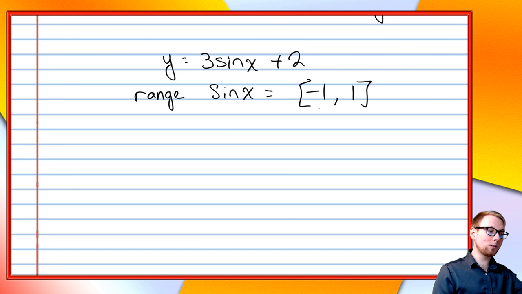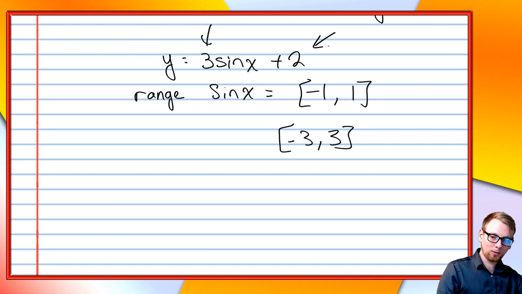Then, because of this, it goes to 3 and 3. But then you still need to add 2 because you're not done yet. You'll need to add the 2. So what's the range of our function? -1 to 5.